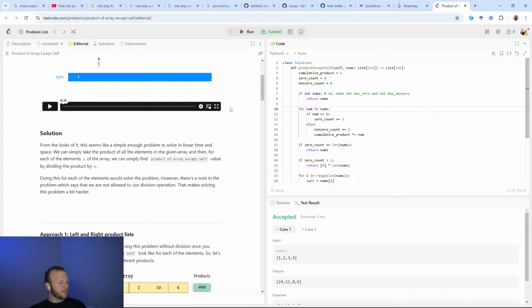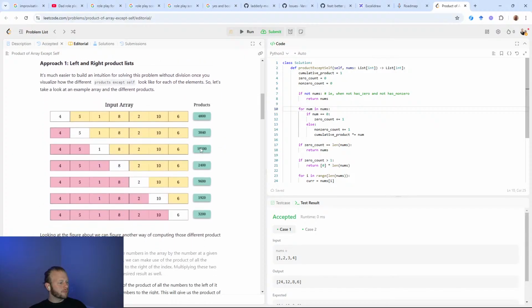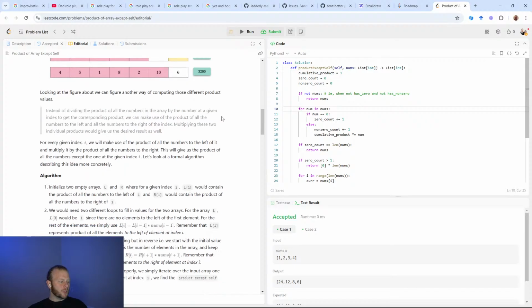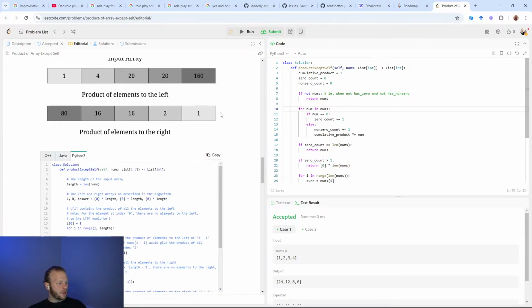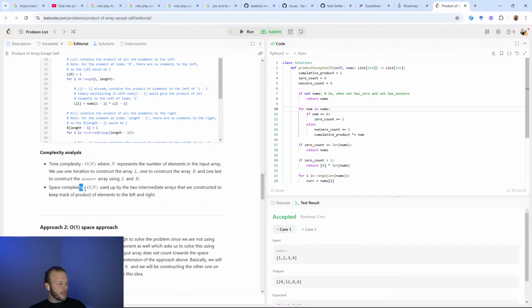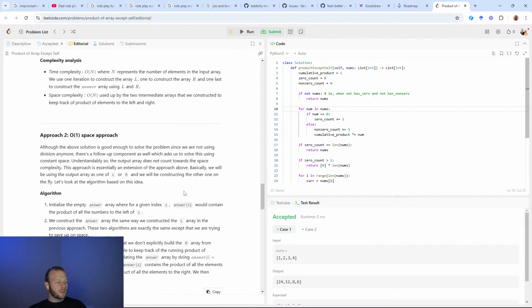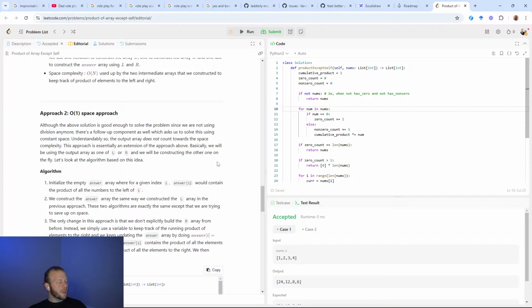Let's see. Left and right product lists. Yeah, but here won't you have O(n) space? Yeah, so that's O(n) space. Okay.